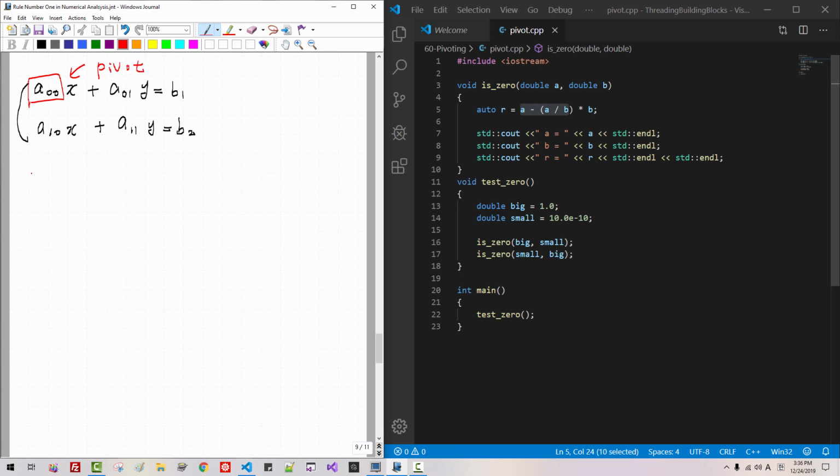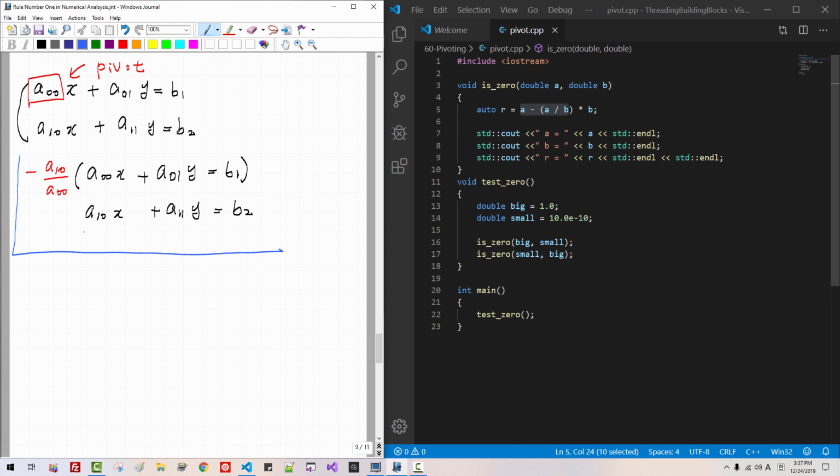Applying the Gauss Elimination Algorithm, we multiply the first equation by minus a10 over a00: a00 x plus a01 y equals b1, and a10 x plus a11 y equals b2.